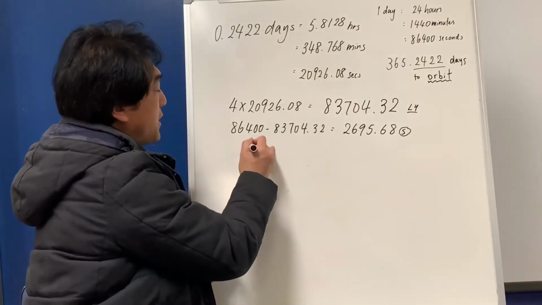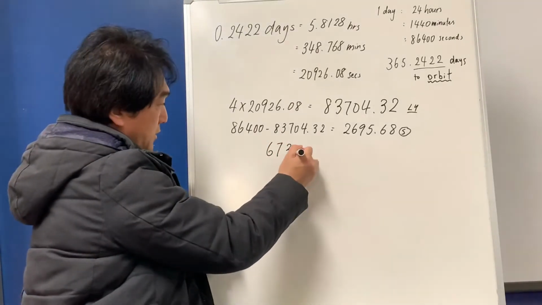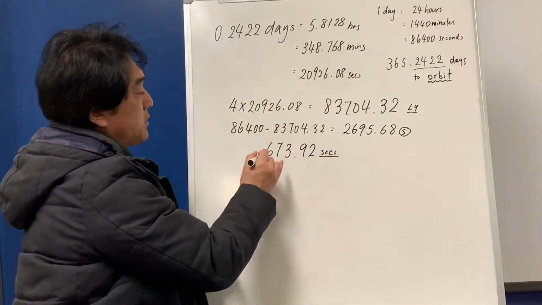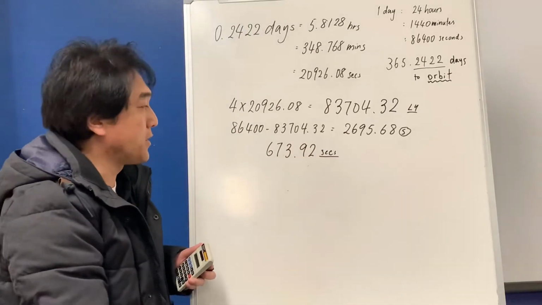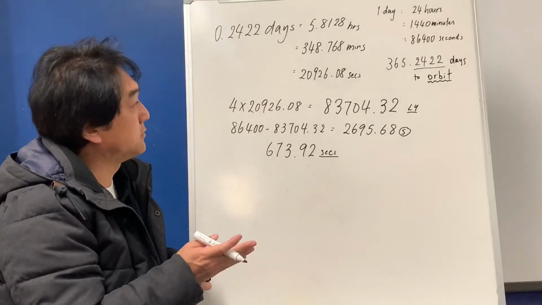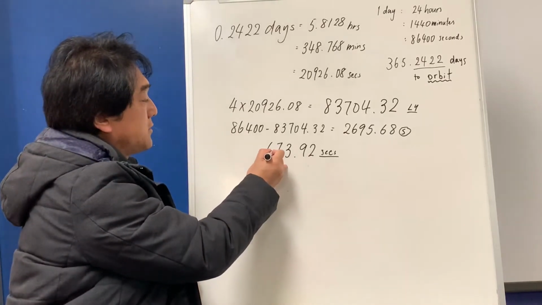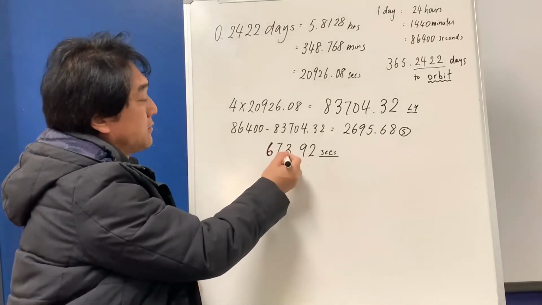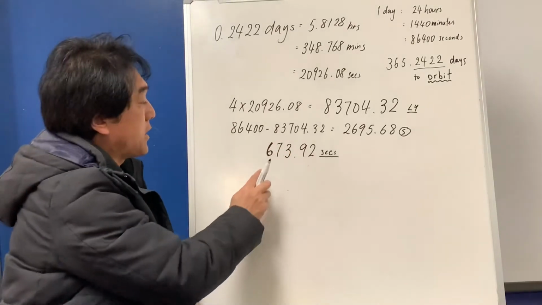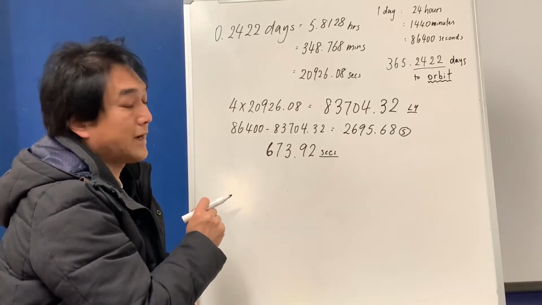So every year, on average, we are 673.92 seconds ahead per year. How many years does it take to make the whole day if we are 673.92 seconds ahead?